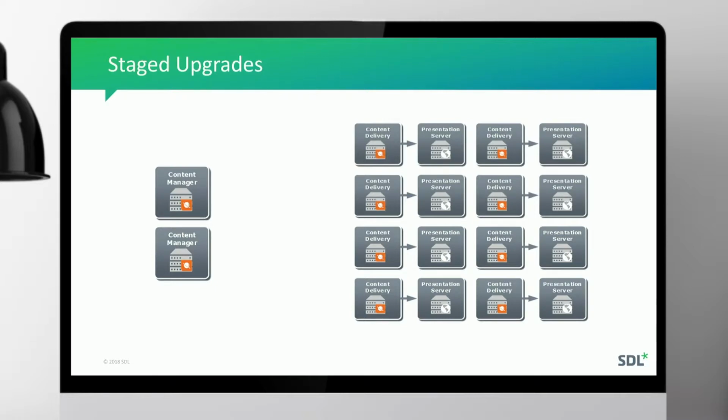The reason being, if you see this block diagram, on most of our customer environments we see a limited number of Content Manager servers, but a huge number of Content Delivery servers. If we do a staggered upgrade where Content Delivery needs to be upgraded first, that means you are trying to address the riskiest and the most complex environment, as there are multiple servers and your actual web application is running on Content Delivery, which is also riskier.